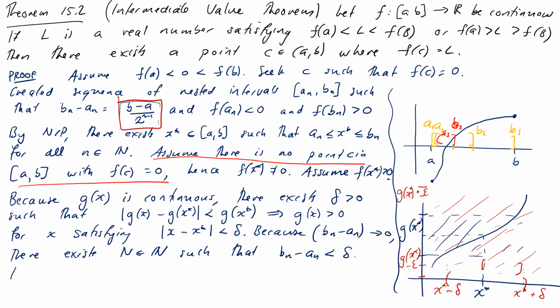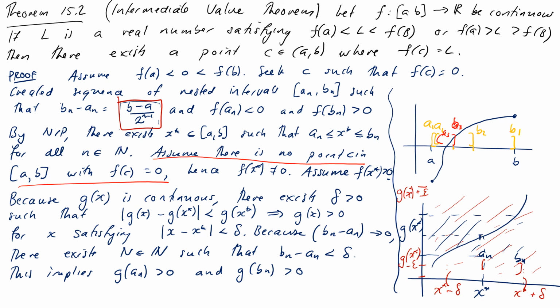This implies that g of an is greater than 0 and g of bn is greater than 0.